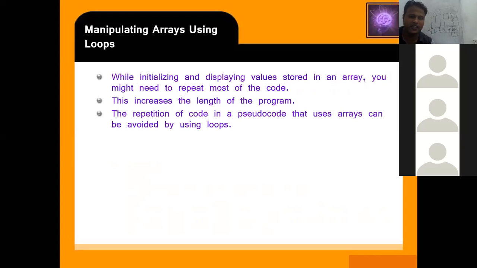While initializing and displaying the values stored in an array, you need to repeat most of the code. As the length of the program increases, the repetition of code in pseudocode that uses an array can be avoided by using a loop.